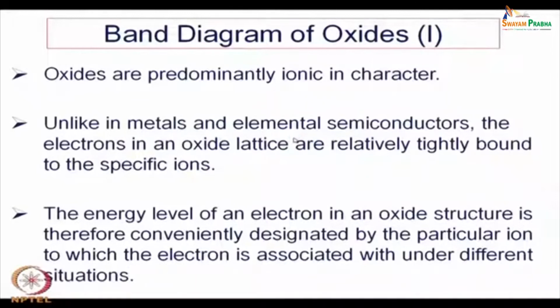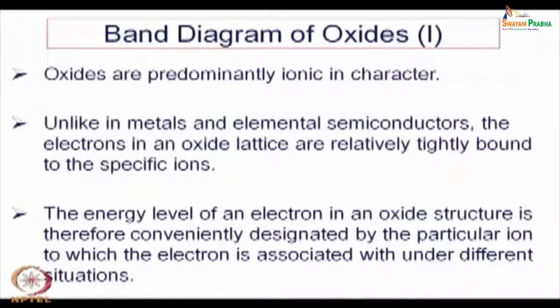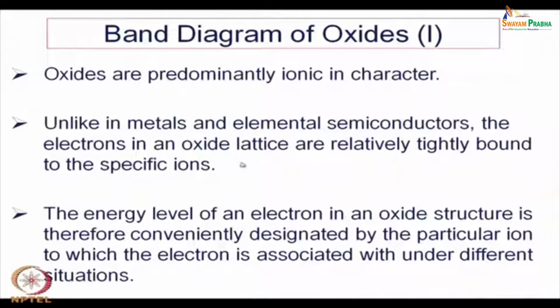So, with this background, let us look at what happens in the band diagram, because the band diagram is one of the basic concepts to understand the various charge transport phenomena, or electrical conduction or resistance, in a material. So, we look at how exactly we arrive at the different band diagrams in a particular oxide.